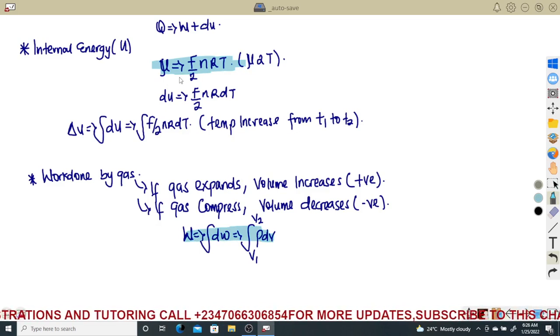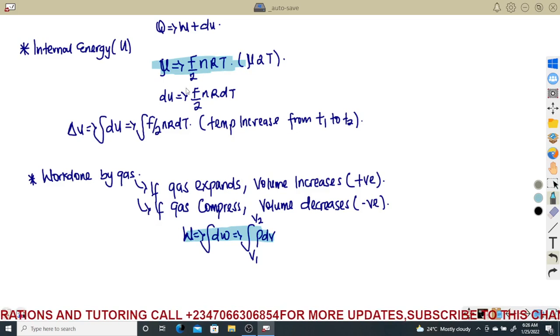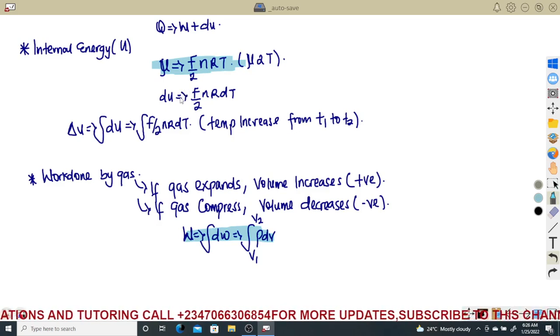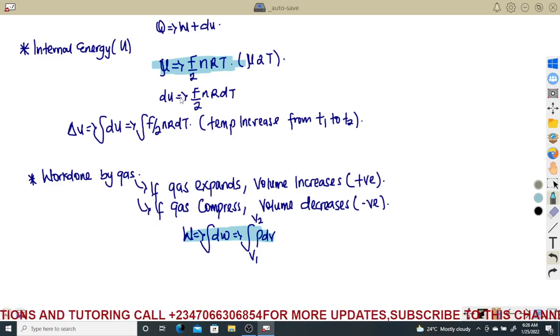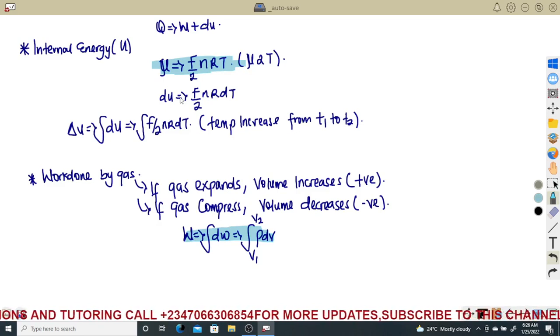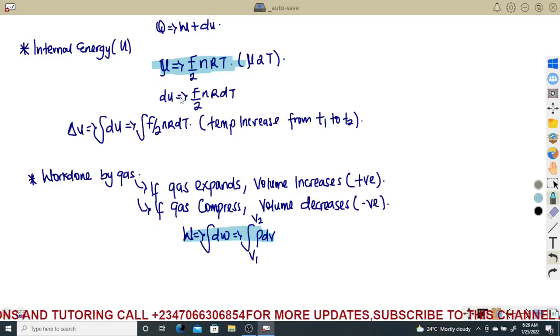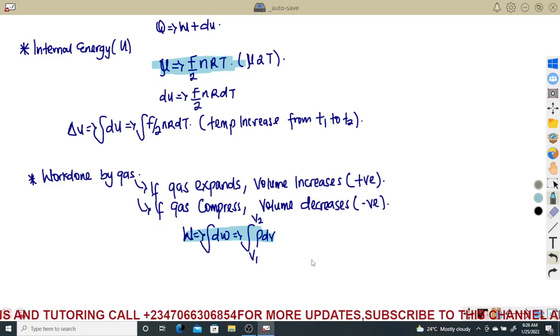And for Q, I told you, nC dT, or integration of nC dT, taking the limit of temperature from T1 to T2. So these three definitions, by conservation of energy, we have used to define the first law, even in your chemistry: Q equals W plus dU. It's the mathematical interpretation of the first law. I hope all of you understand this, and it's very important before we move to the next slide.